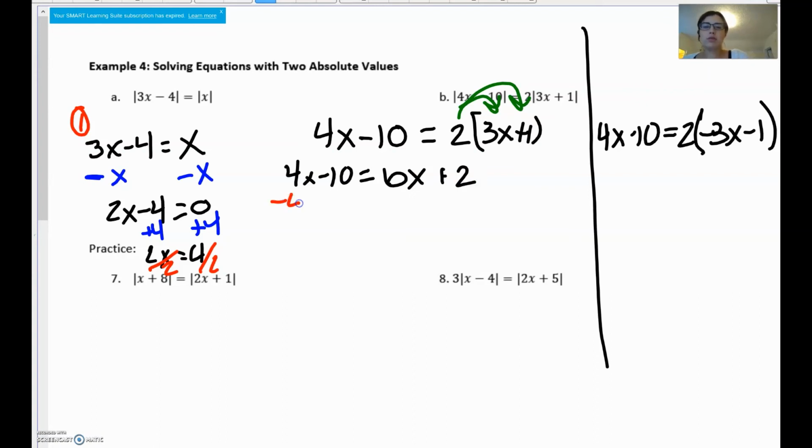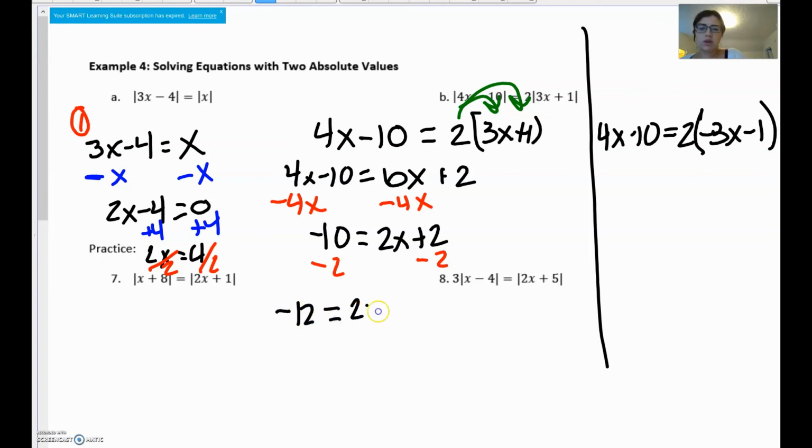I'm going to move my 4x over by subtracting because I like to keep my numbers positive. So we have negative 10 equals positive 2x plus 2. Next we're just subtracting 2. And then we'll get negative 12 equals 2x. And then we're just dividing by 2. We'll get negative 6 equals x.